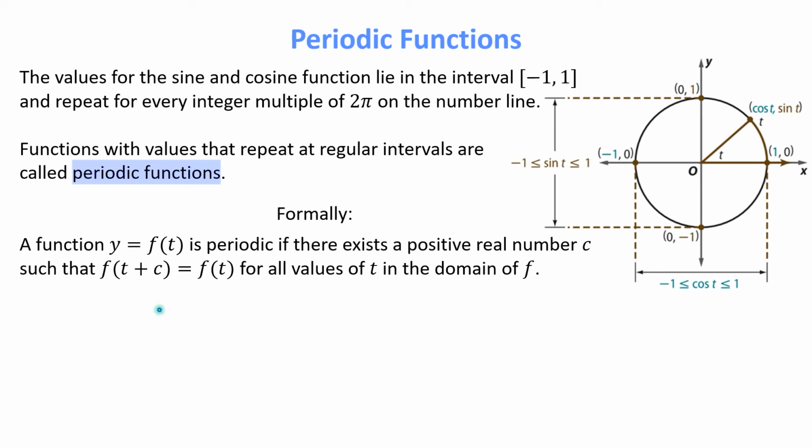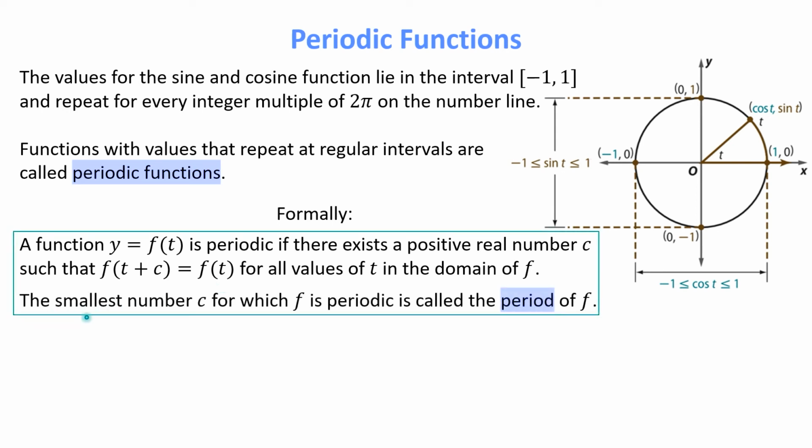So, if I take a point t and I add a positive real number c to it, and I evaluate the function at this new point, and if this function equals the function value at t, then this function is said to be periodic. And the smallest number c for which f is periodic, so for which this property is satisfied, is called the period of f. So c is known as the period of f.